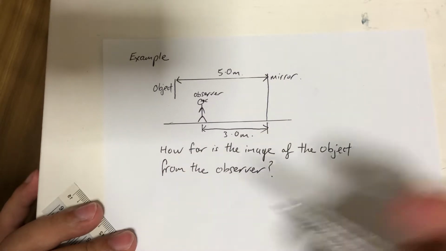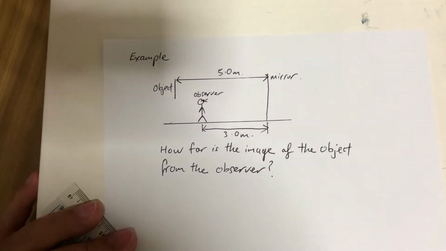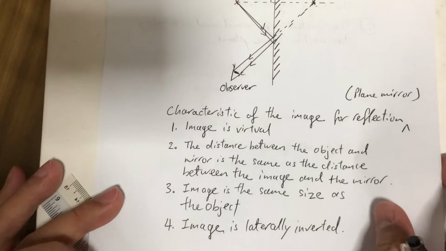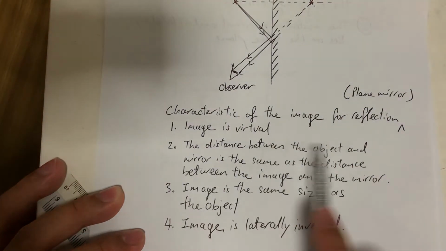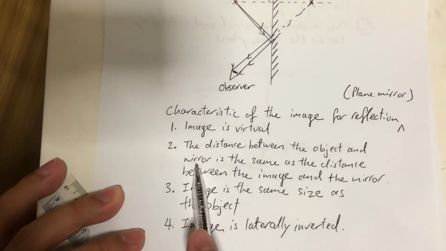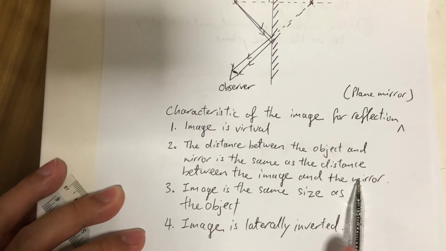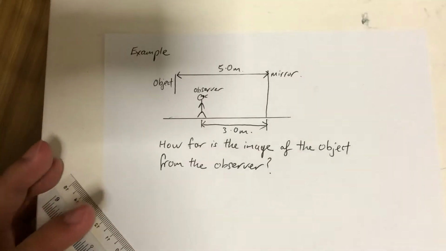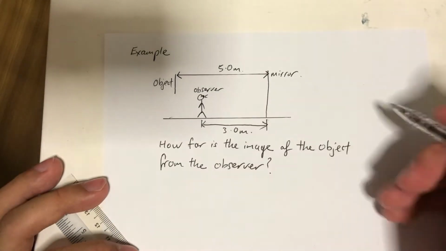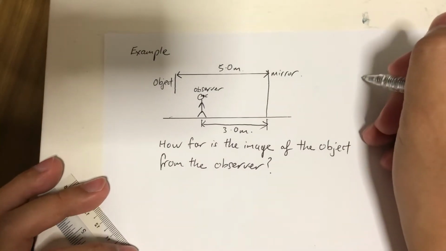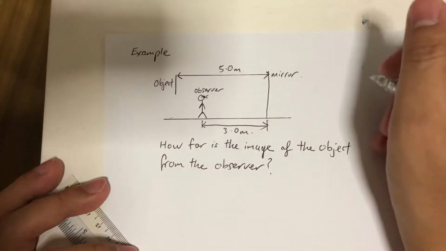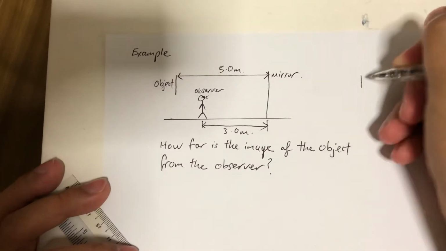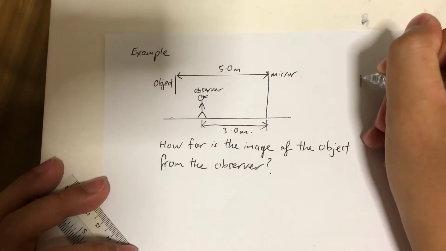Looking at the second property of the characteristics of the image for reflection for plane mirrors, we know that the distance between the object and the mirror is the same as the distance between the image and the mirror. So looking back at this question, I can safely say that the object, which is here 5 meters away from the mirror, will create an image.